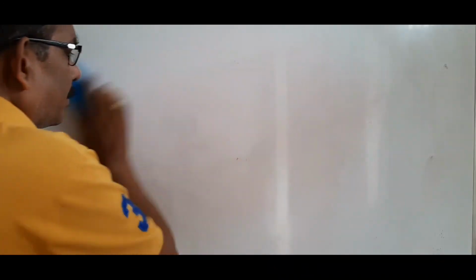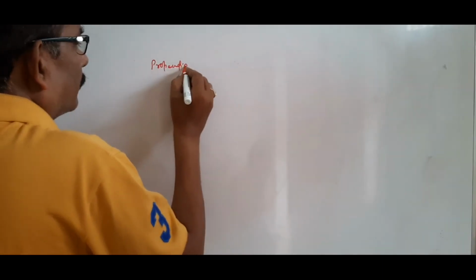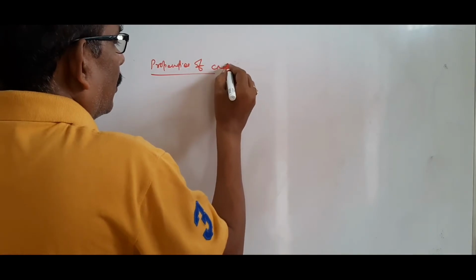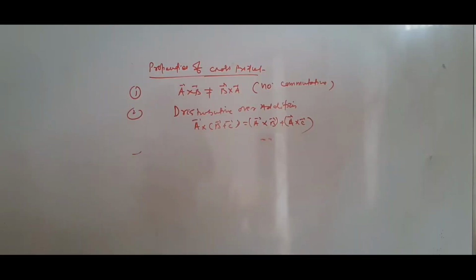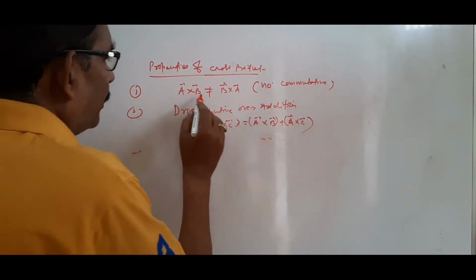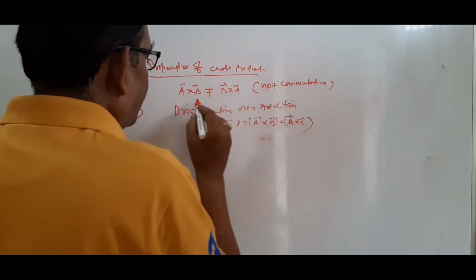Now come to the properties of the cross product. A cross B is not equal to B cross A, so it is not commutative.